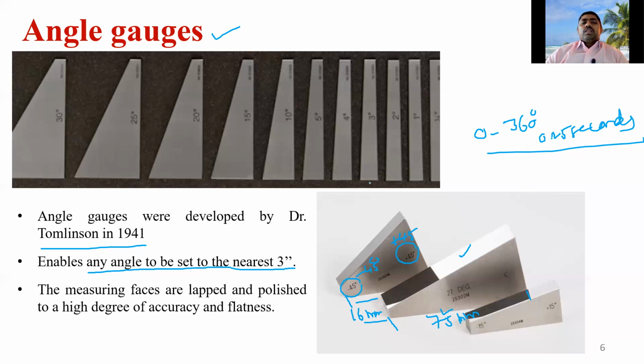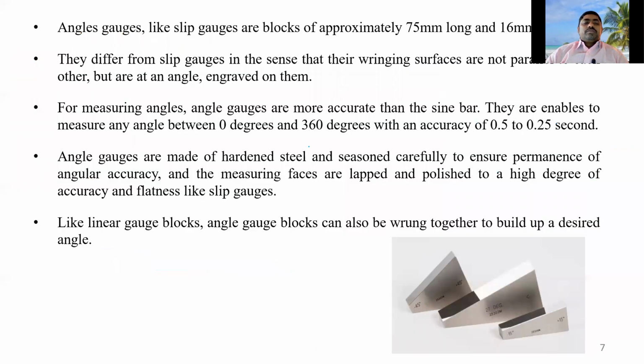Similarly, in the angle gauge also, we ring two gauges to obtain the desired angle. So the linear gauge blocks and angle gauge blocks can also be rung together to build up the desired angle.